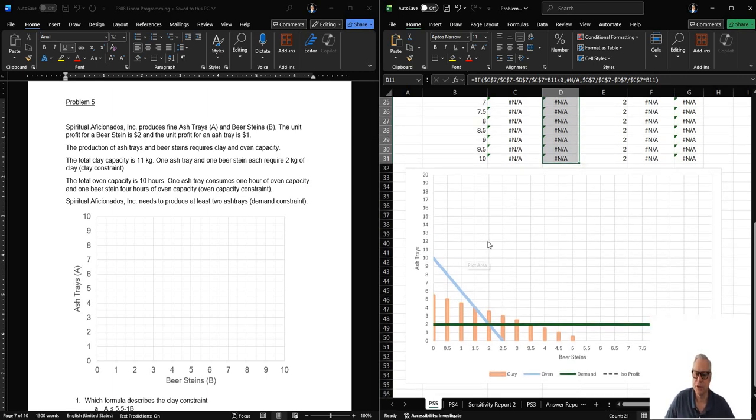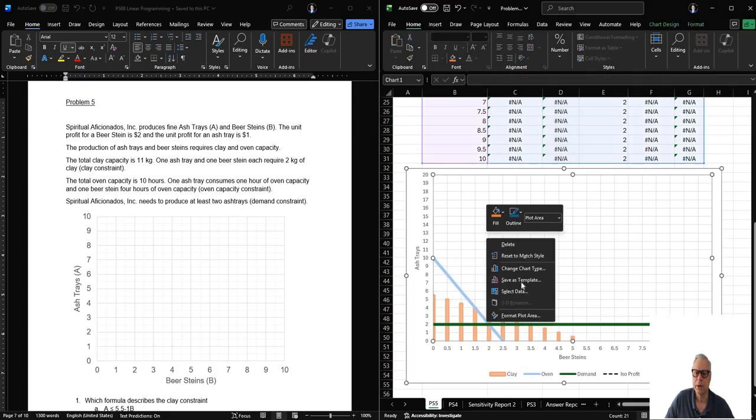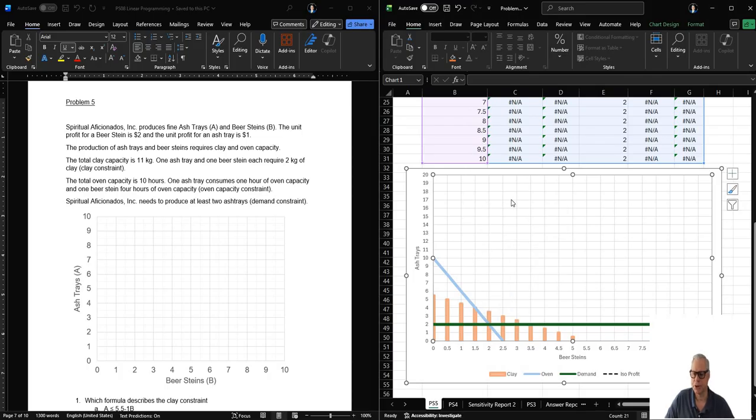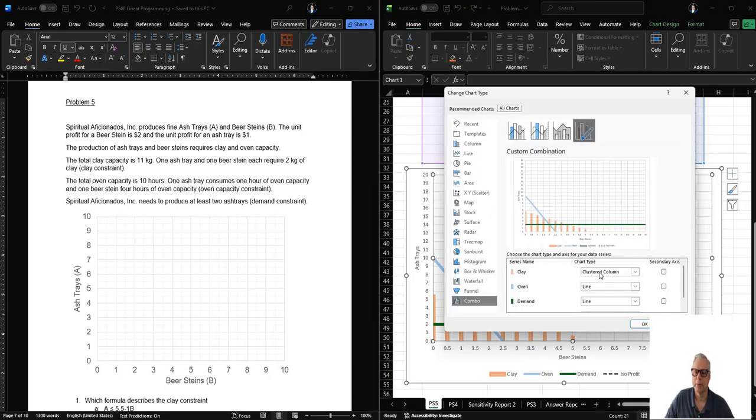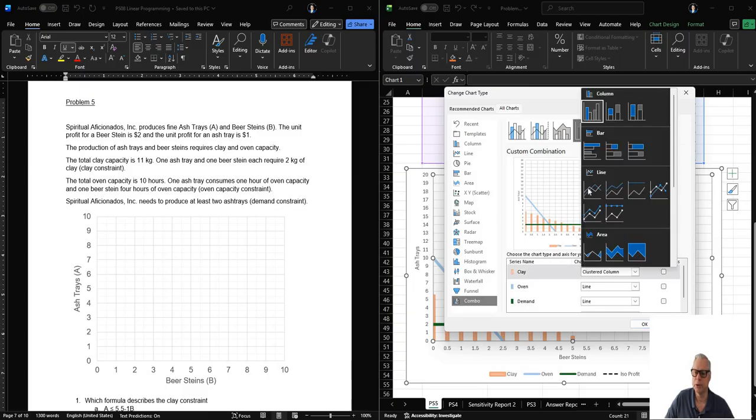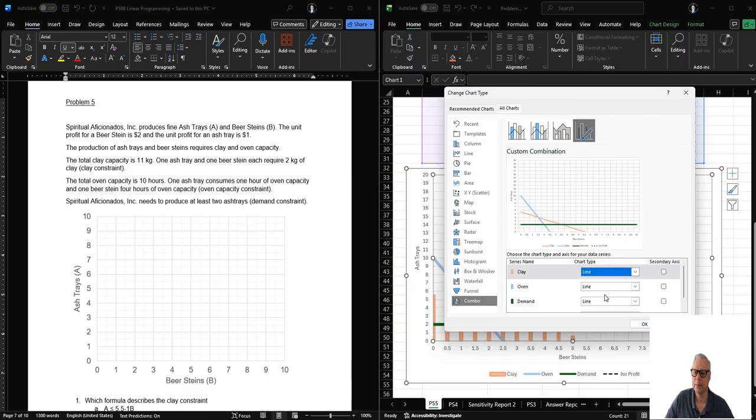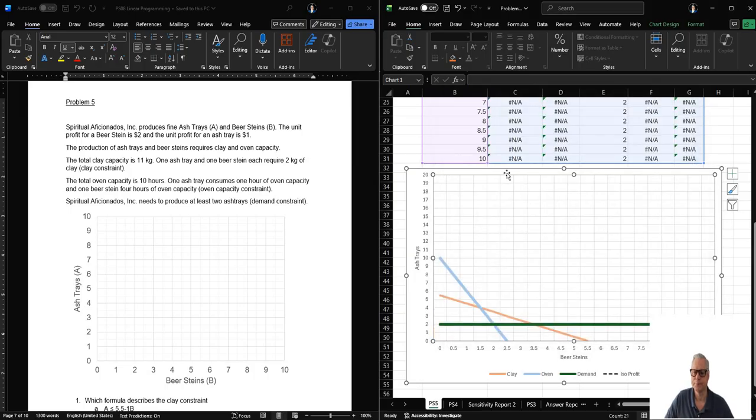Okay, so let's change that quickly. Change the chart type. It is a combo, so the clay constraint is a line, and the oven constraint is a line, so they're all lines. Okay.